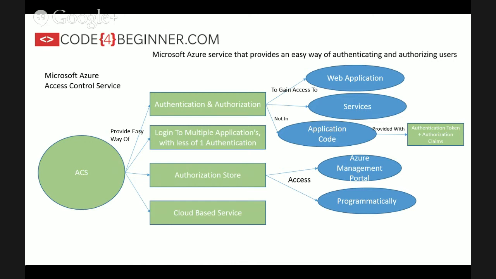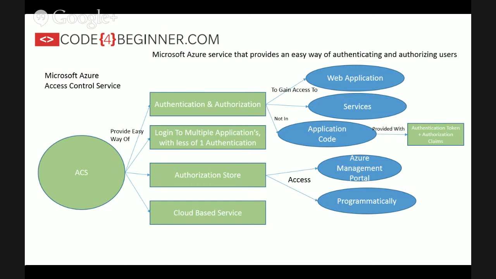Now let's look at what is Microsoft Access Control Service. It is basically a cloud service which provides an easy way of authenticating and authorizing users. So basically, the authentication and authorization can be controlled using the Azure portal, or it can be controlled programmatically. You don't need to write any code within your application.